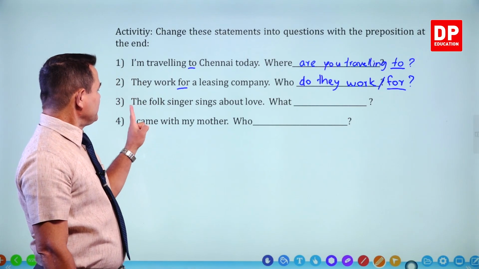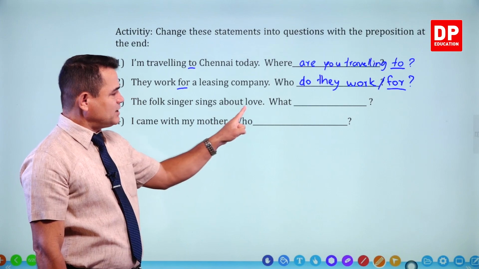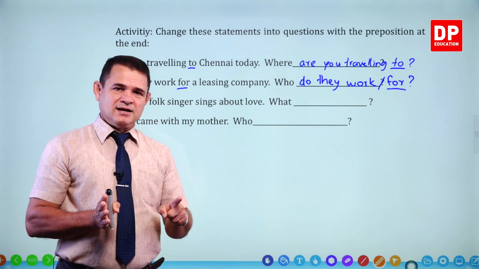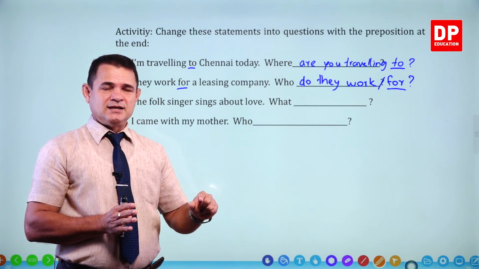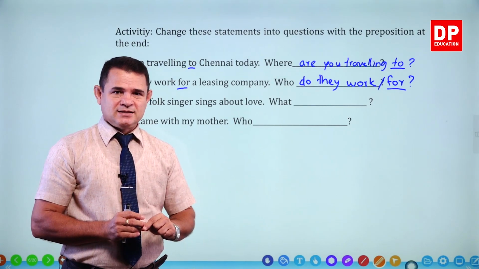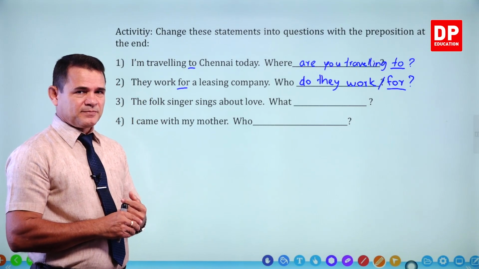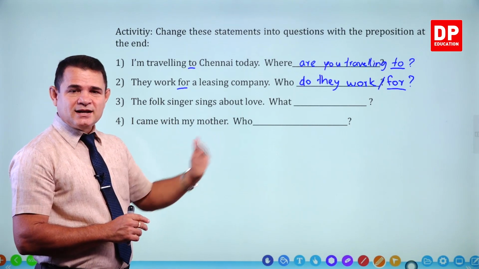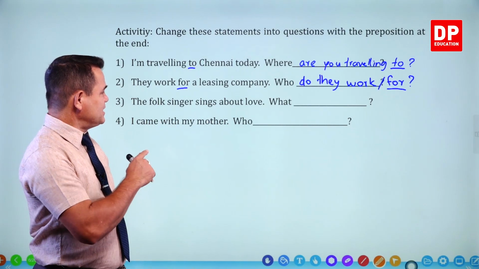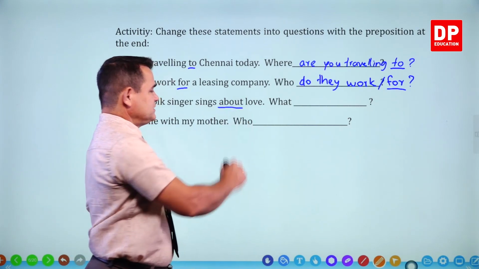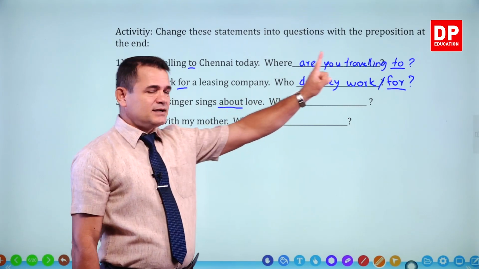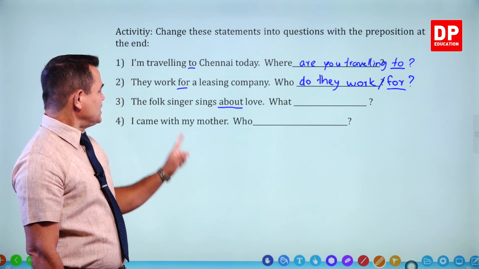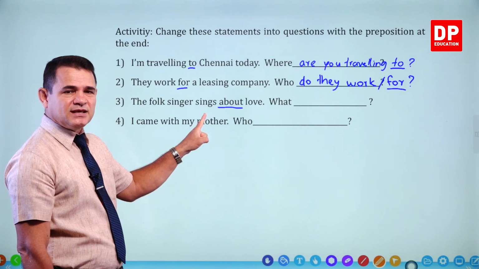And the next one, the folk singer sings about love. Our question should be, what does he sing about? Here our preposition is about, so the question must be made with about at the end.